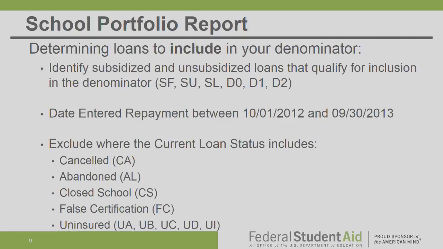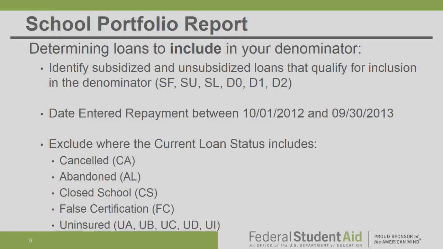After you get this report, first you need to figure out which loans to include. Initially we only include subsidized and unsubsidized loans. That includes SF and SU, the FFEL subsidized and unsubsidized, and SL, the old SLS loans. We don't see too many of those going into repayment now, most were made before I started college, but they are still accounted for in the formula.